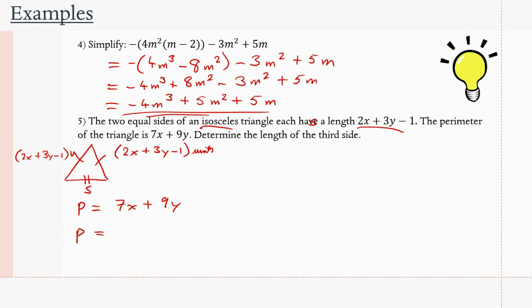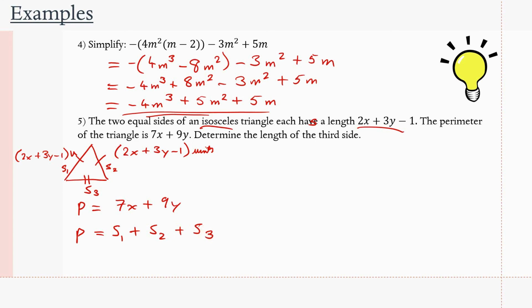Well, it's side 1 plus side 2 plus side 3. We'll call this side 3, actually. This is what we're trying to find, side 3. This is side 1, this is side 2. So the perimeter equals side 1 plus side 2 plus side 3.